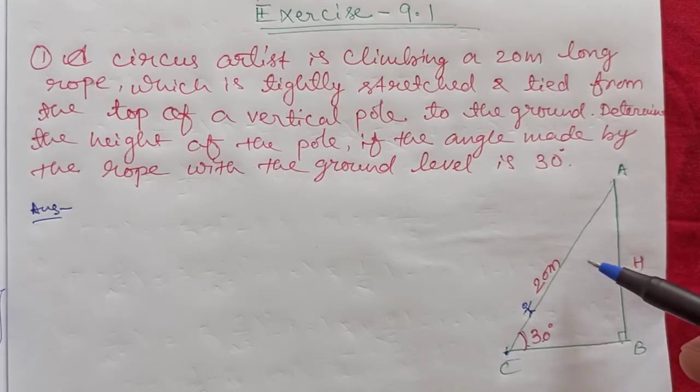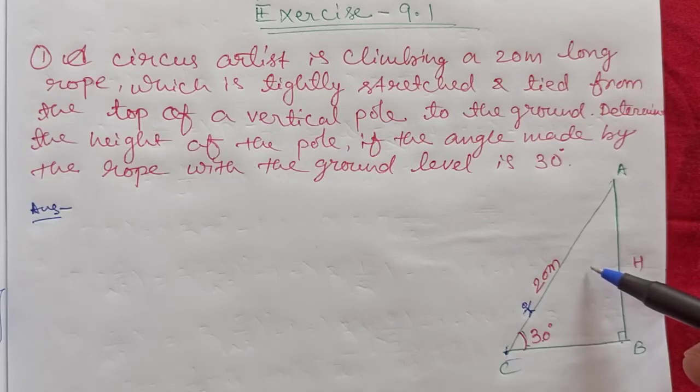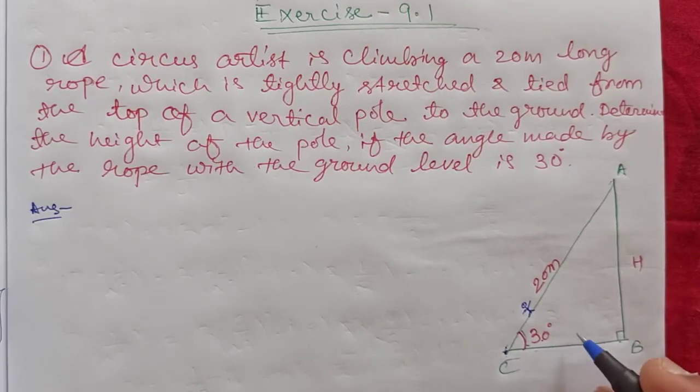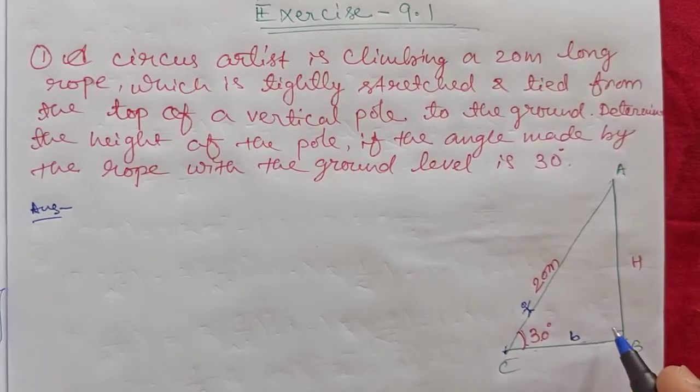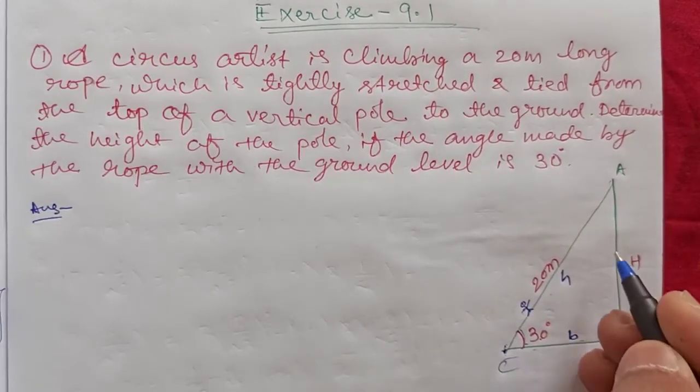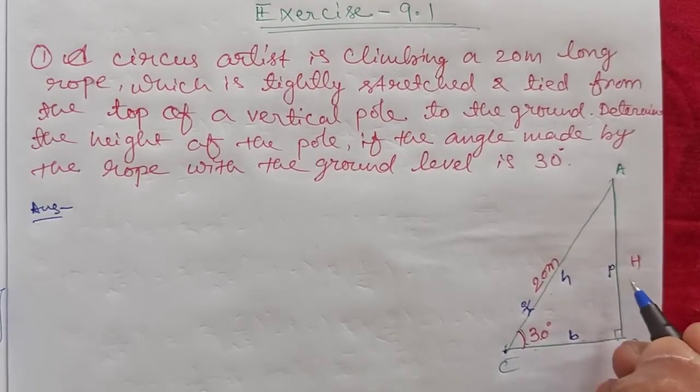Which formulas we can apply here, I taught you in the first exercise of the 8th chapter: PBH, that is perpendicular, base and height. According to PBH, the line containing the two angles is the base, the line opposite to the 90 degree angle is the hypotenuse, and the standing line is the perpendicular.